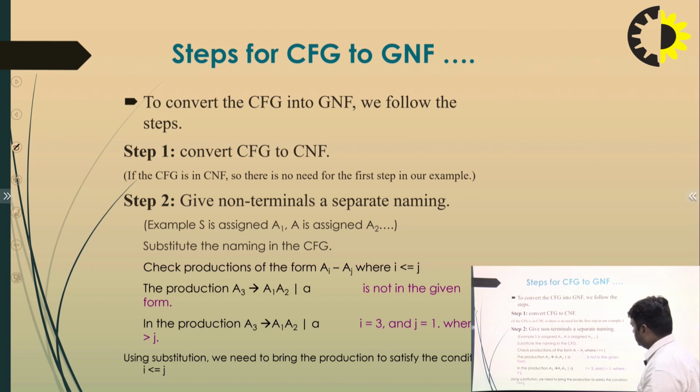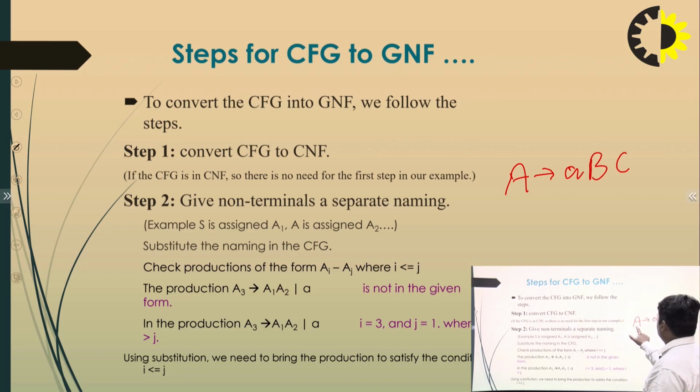For example, if A implies ABC, then we replace A by A1, B by A2 and C by A3.